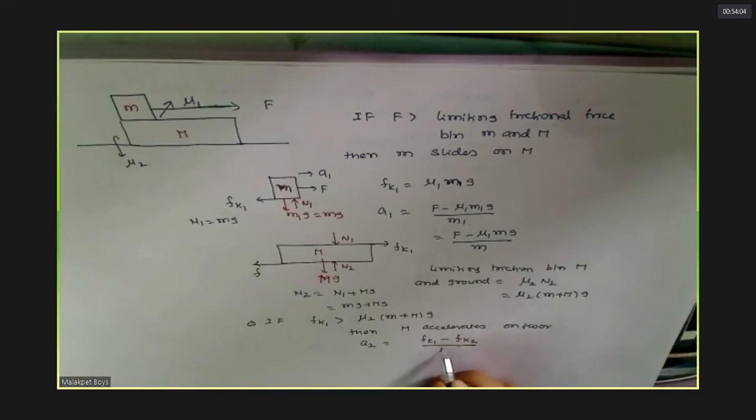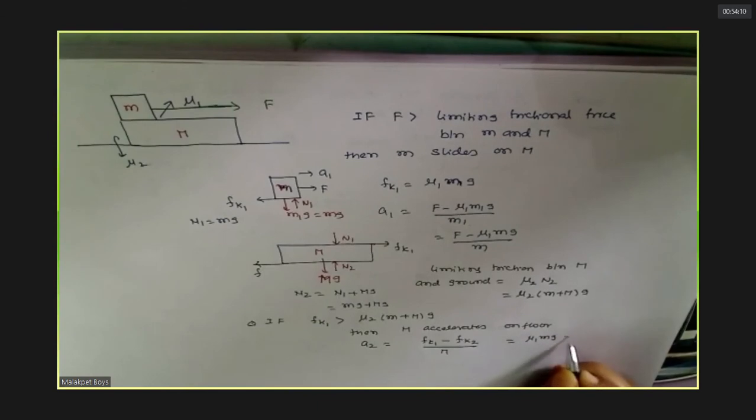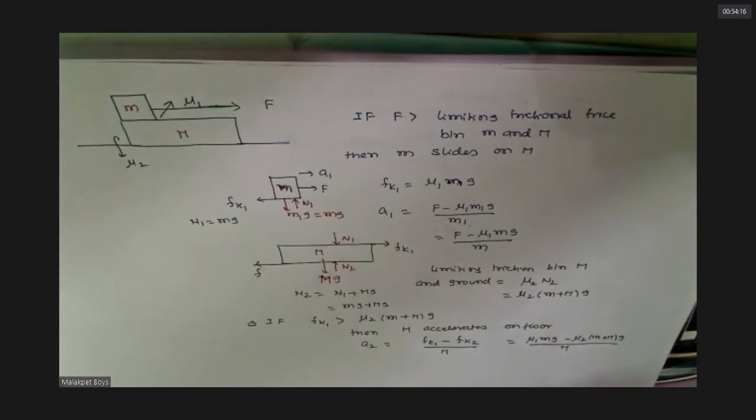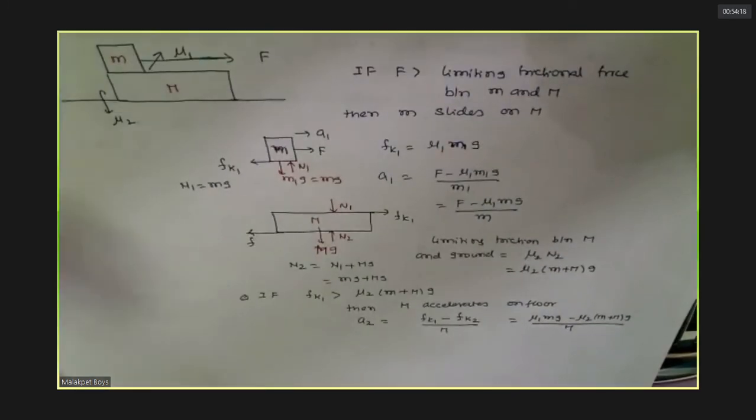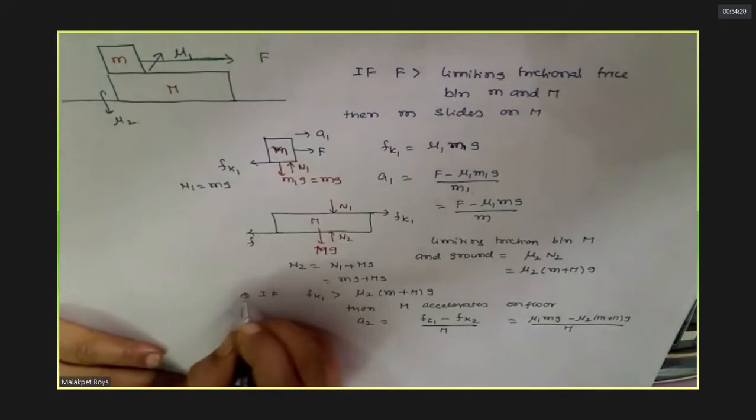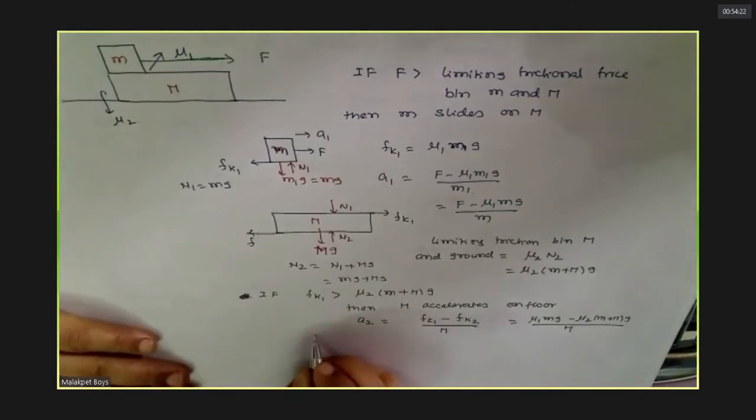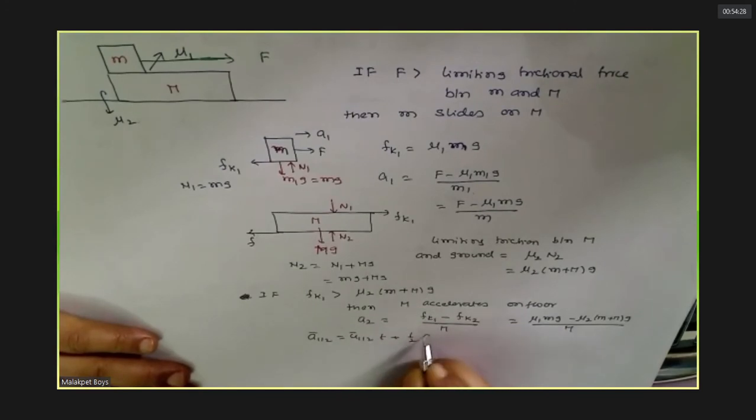Do you agree with this or not? Yes, sir. Agree, sir. Okay, in that case, there is one relative acceleration, so you have A12 as usual. You can get T.